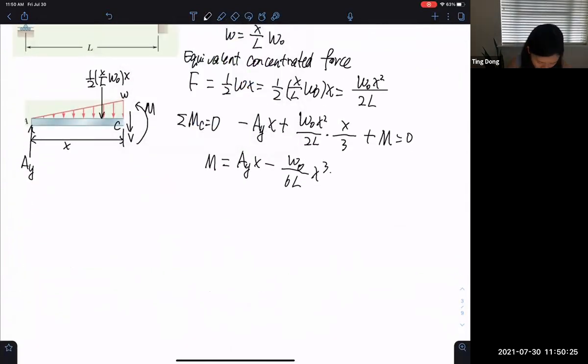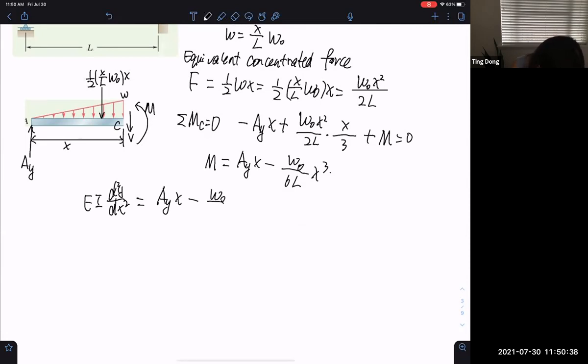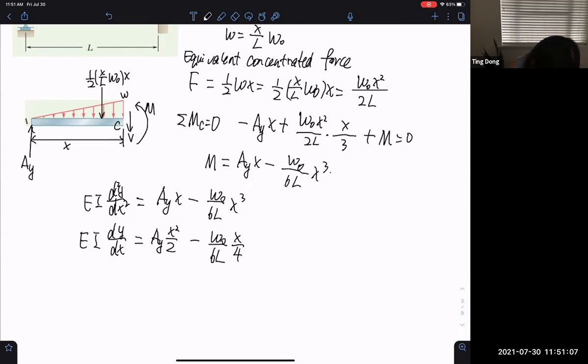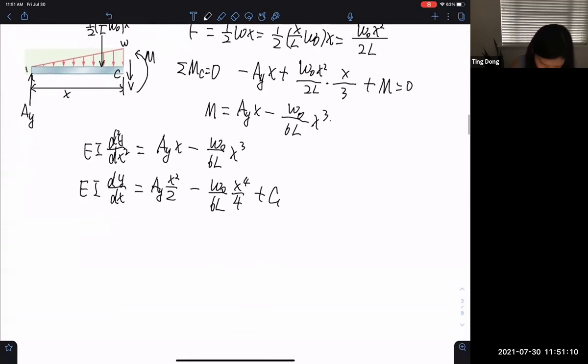Now, because the bending moment is equal to EI times the second derivative of y with respect to x, we write it with AY X. Integrate once, and it becomes the slope equation dy/dx, with C1.